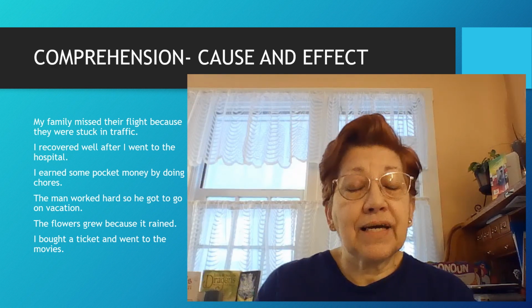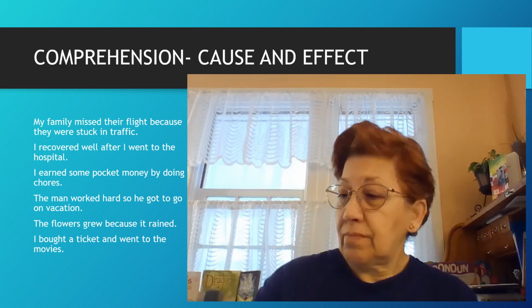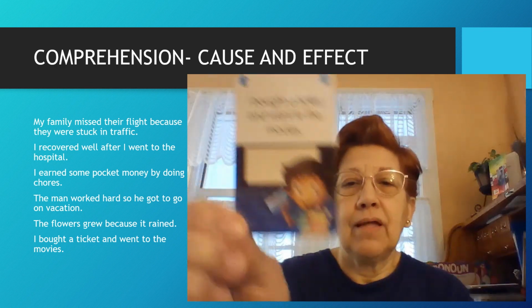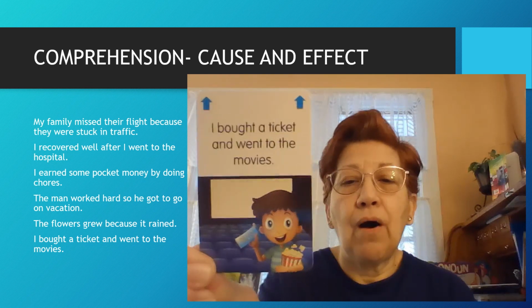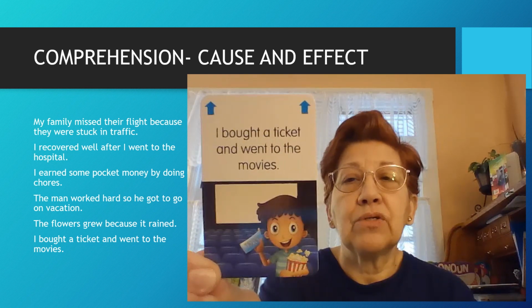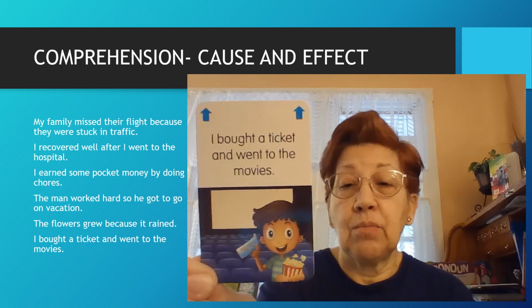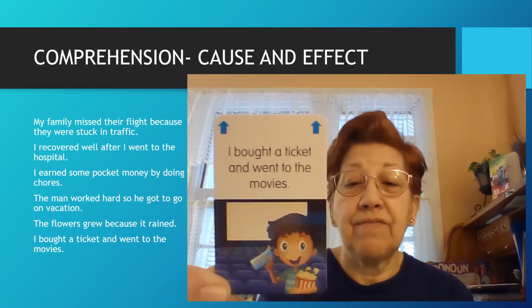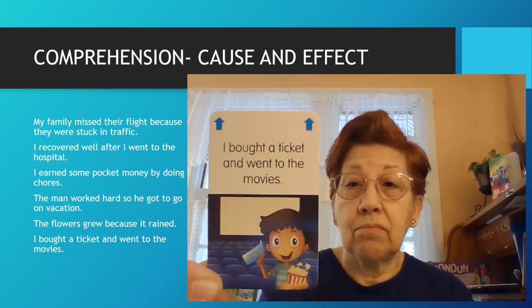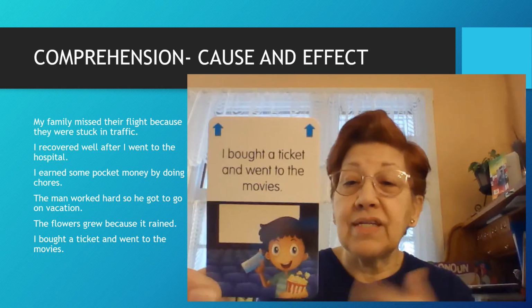I bought a ticket and went to the movies, right? So the cause is he bought a ticket, and what was the effect? Because he bought that ticket, he went to the movies, and that's the outcome.